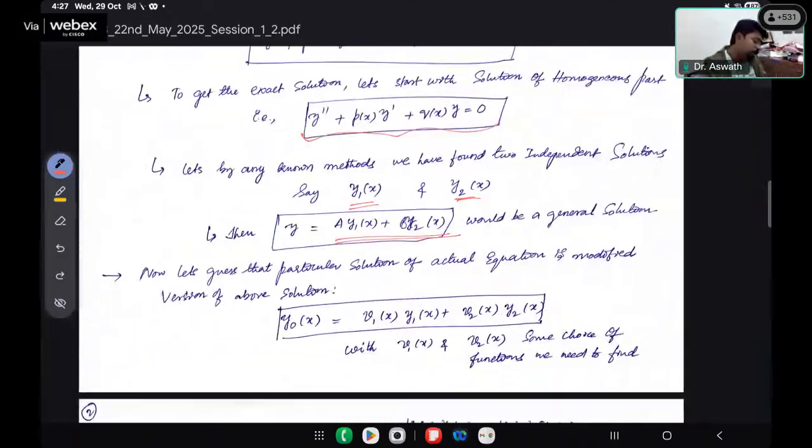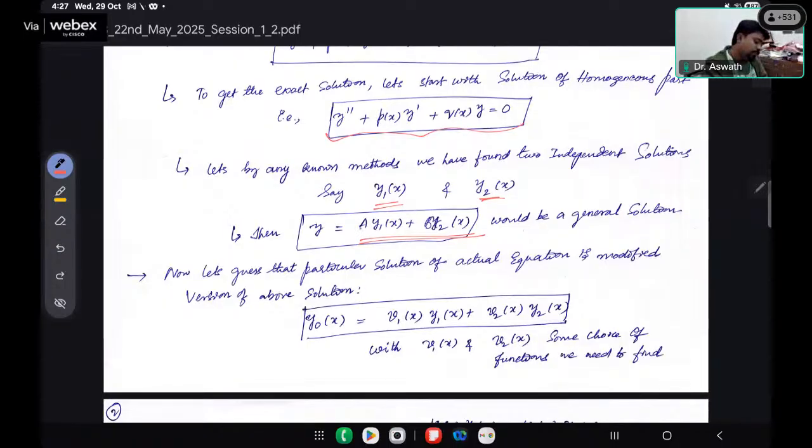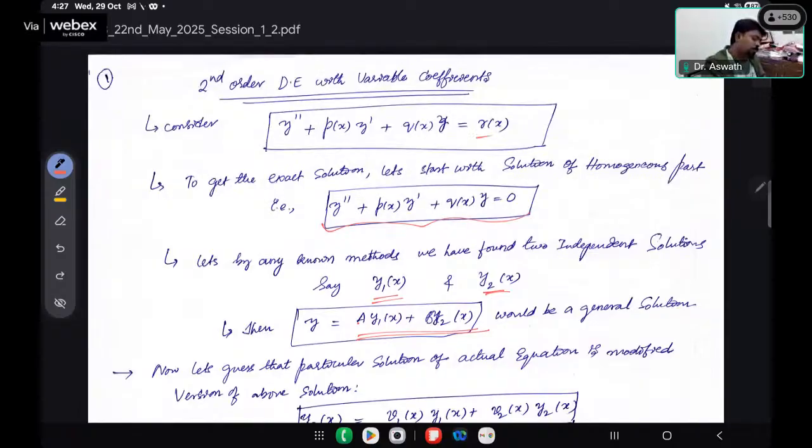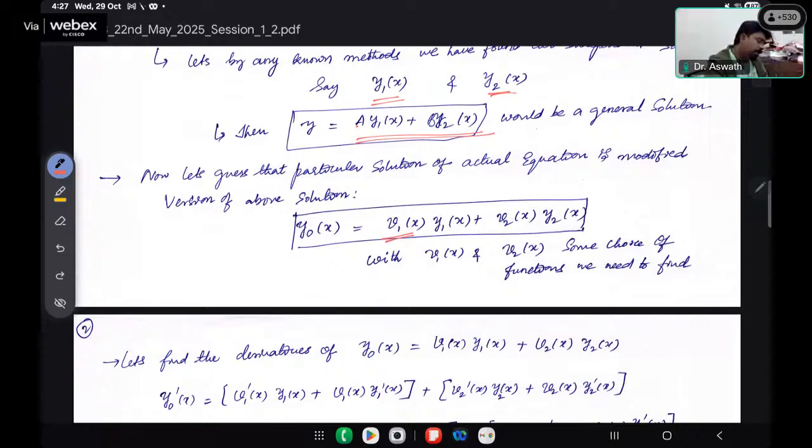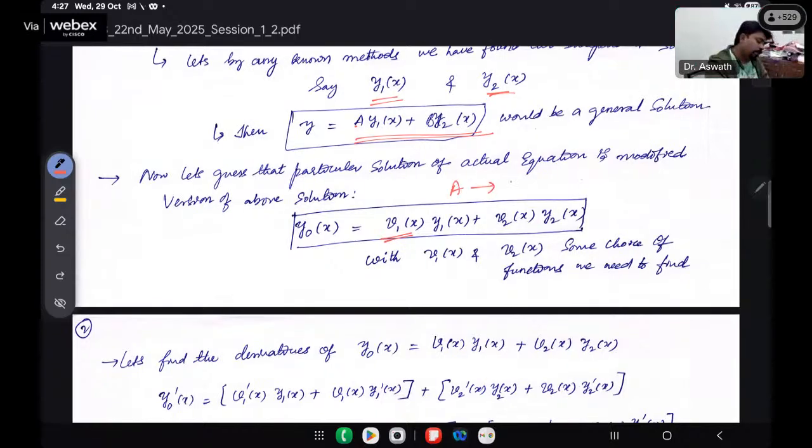I assume that A and B are functions of x, because the non-homogeneous term R of x is coming into the picture. Because of that, I introduce A as V of x or V1 of x, and B as V2 of x, as we have non-homogeneity.